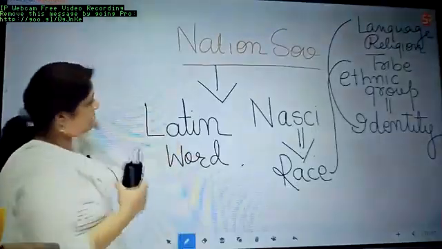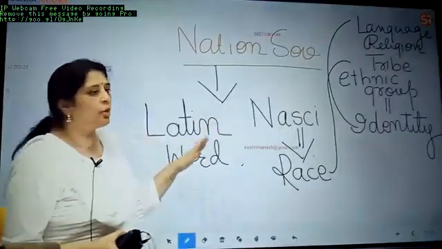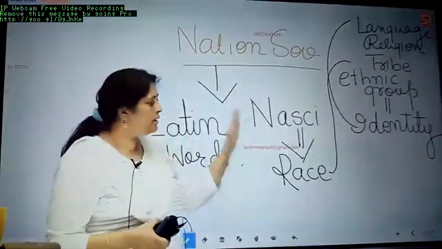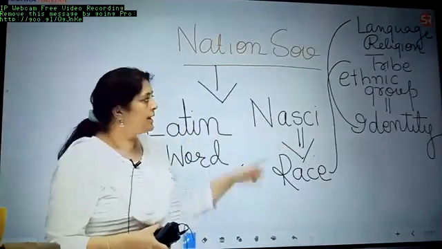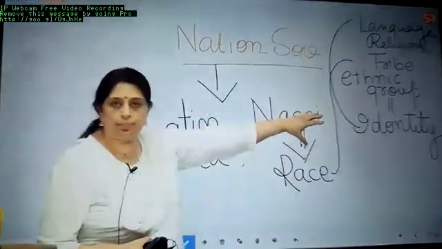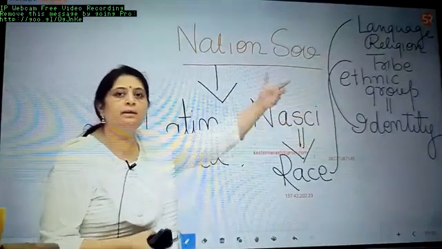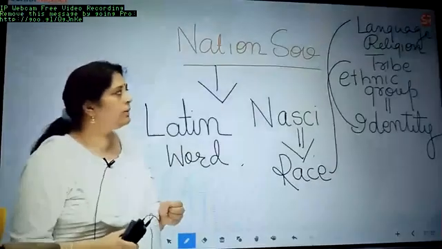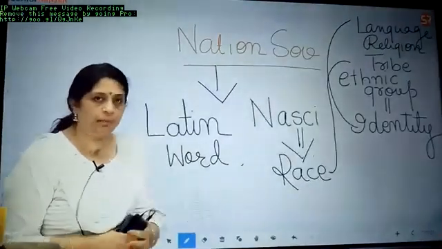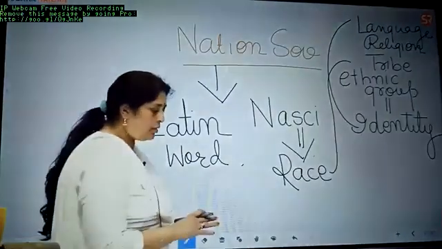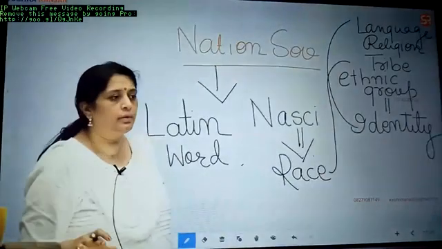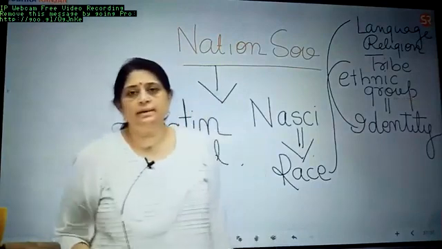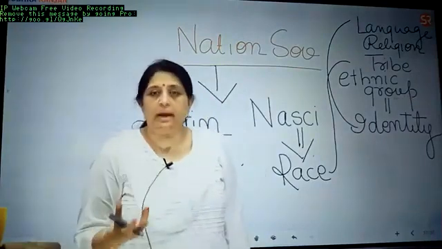The term nation comes from the Latin word nasi. Nasi denotes race. Race means an ethnic group. And an ethnic group has certain identity markers. It can be language, religion, tribe. So, the basis of nation can be a language, can be a race, can be a tribe.